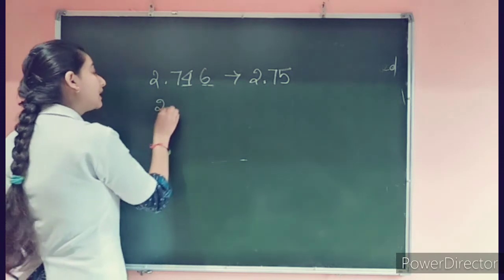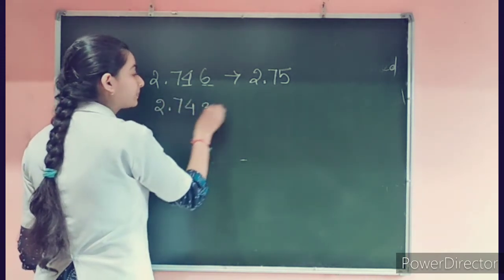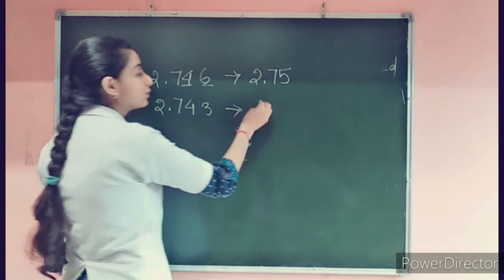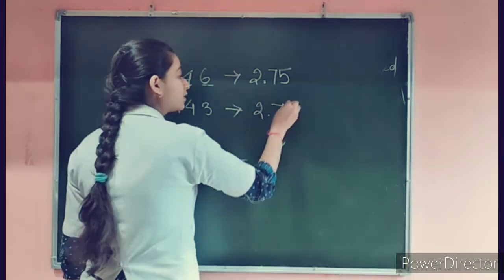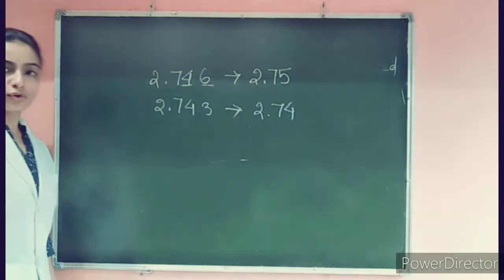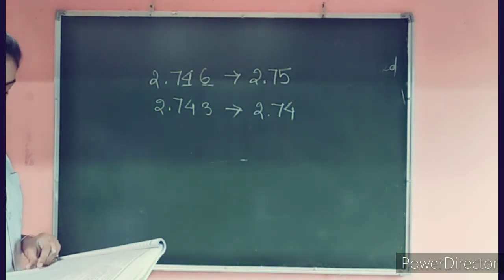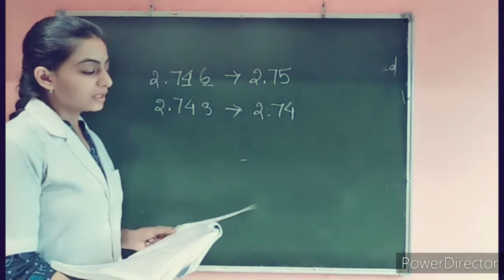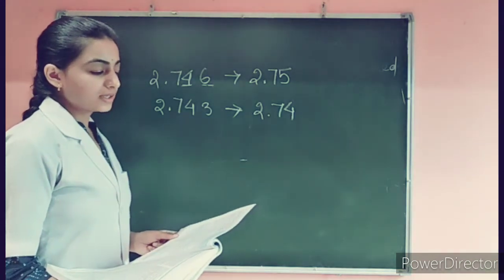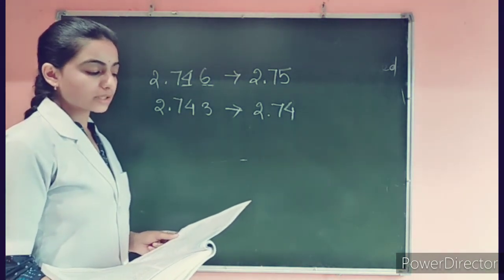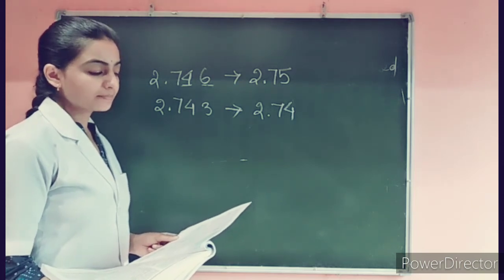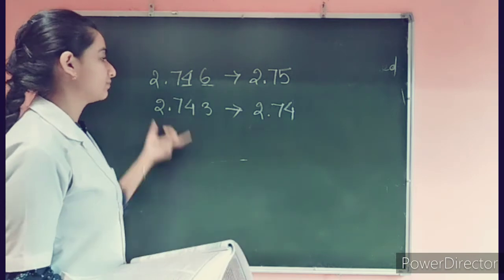If we take 2.743, the number is less than 5, so we can proceed as 2.74. The rule by convention is that the preceding digit is raised by 1 if the insignificant digit to be dropped is more than 5, and is left unchanged if the latter is less than 5.